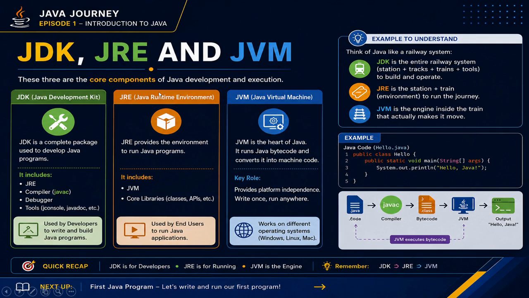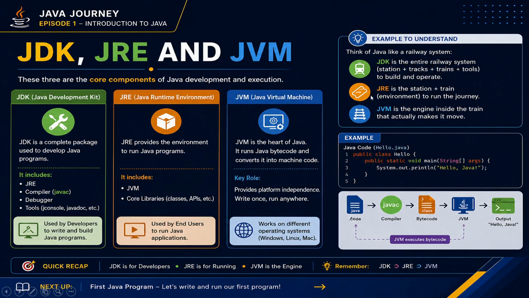Next, JRE stands for Java Runtime Environment. It provides the environment needed to run Java applications. Finally, JVM stands for Java Virtual Machine. JVM executes Java bytecode.